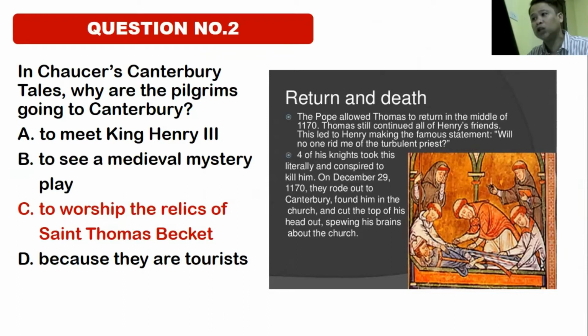This led to Henry making the famous statement, "Will no one rid me of the turbulent priest?" Four of his knights took this literally and conspired to kill him. On December 29, 1170, they rode out to Canterbury, found him in the church, and cut the top of his head out, spewing his brains about the church.